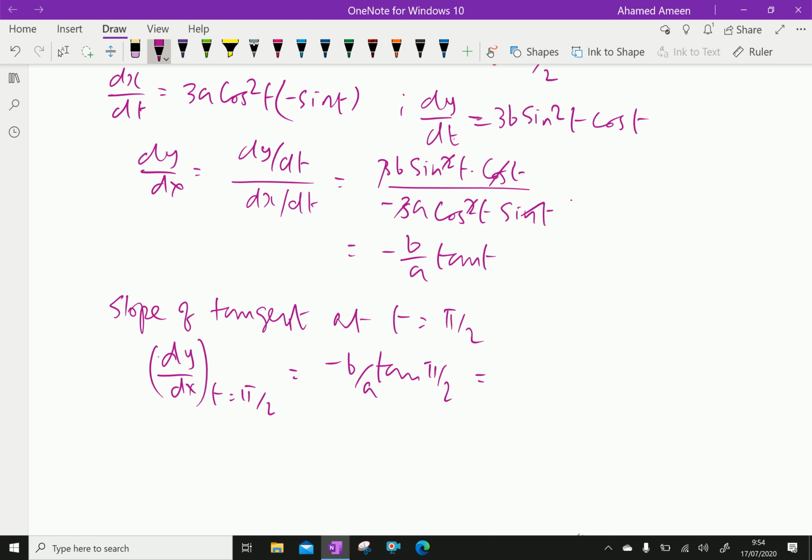Tan pi by 2 is infinity, so we have minus b by a into infinity is equal infinity only. So the slope m is infinity.